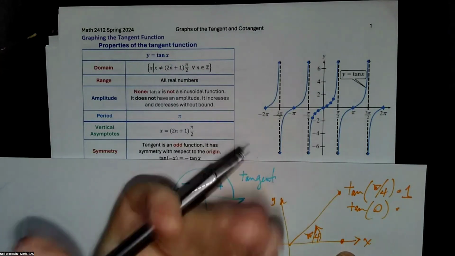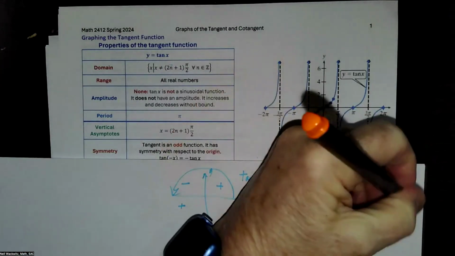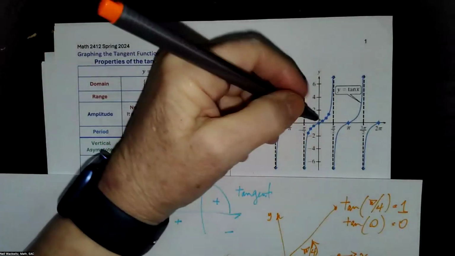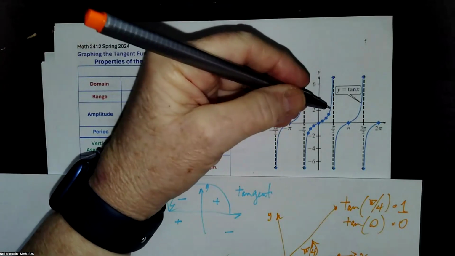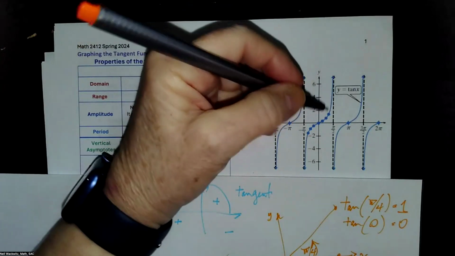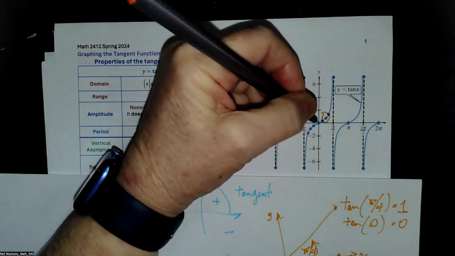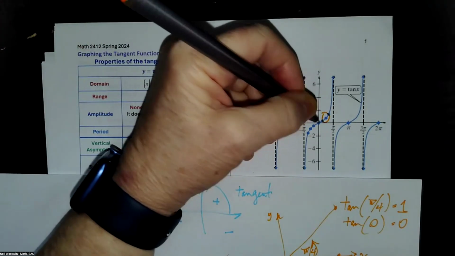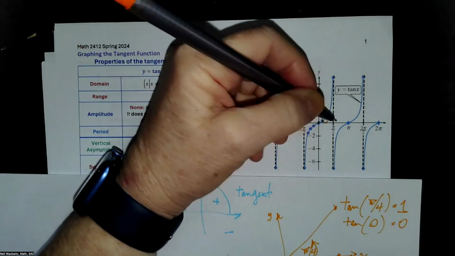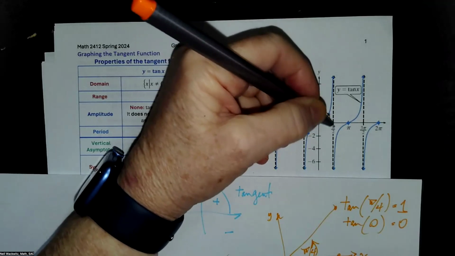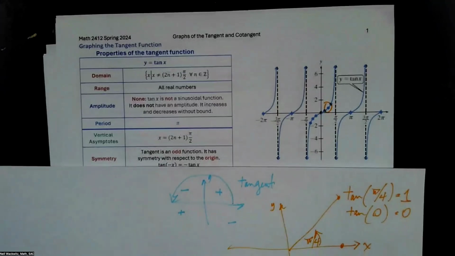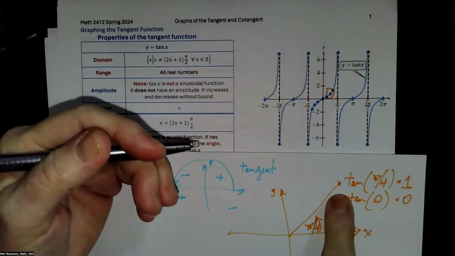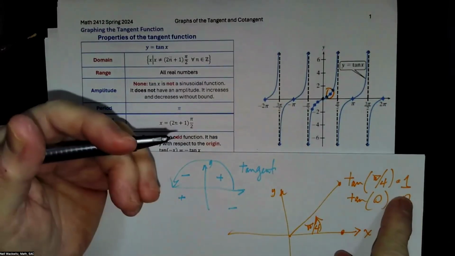Sine of 0 is 0 divided by a non-zero is 0. So at the origin, we get a 0, but we get a really nice value right here in the middle between the x-intercept and the first vertical asymptote. And that's because the tangent of pi over 4 is 1.